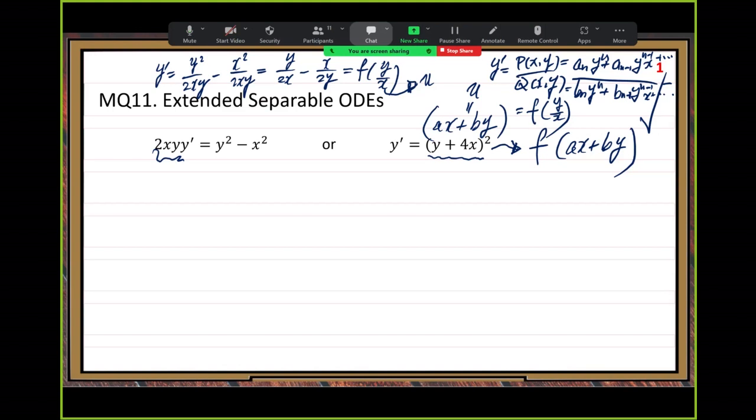Julie, you can see? Good, because that's the main point. If you can see this structure, then you can answer that question easily.